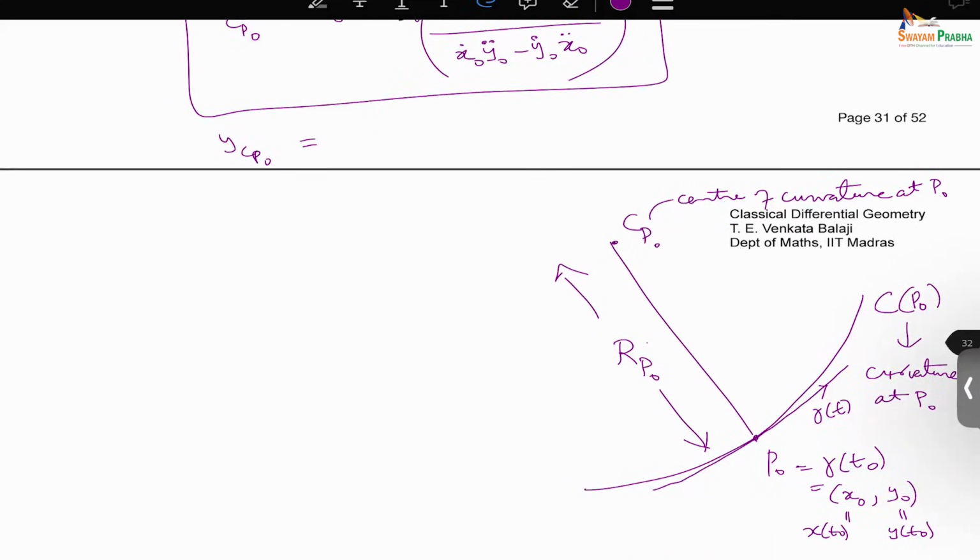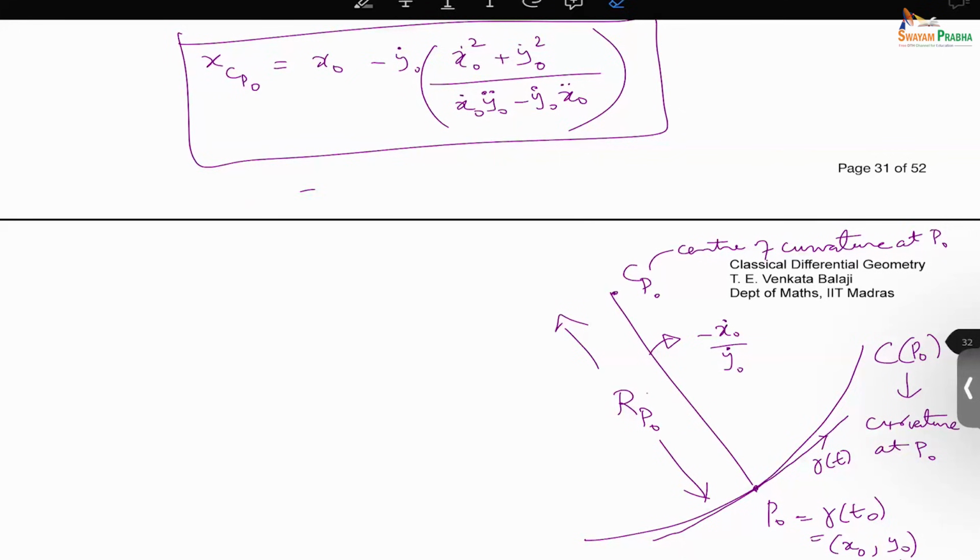the normal direction is going to be minus x naught dot by y naught dot, okay, and that is the normal direction, and therefore this straight line passes through x naught y naught, all right, and so you know the equation of the straight line which is a normal.